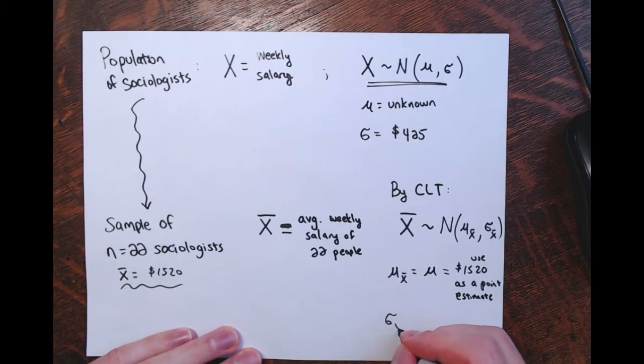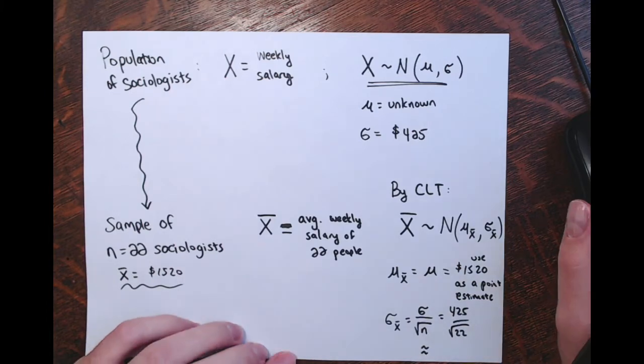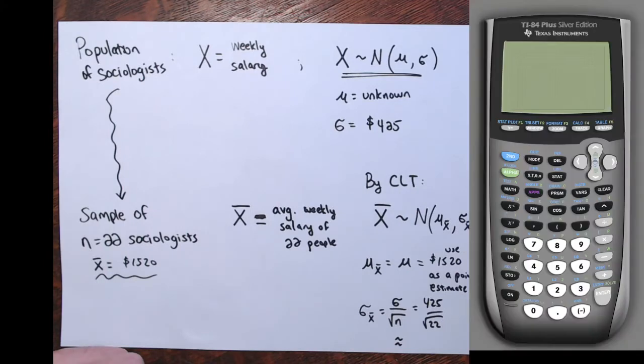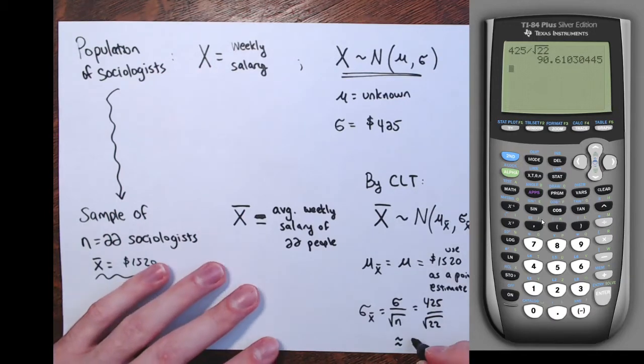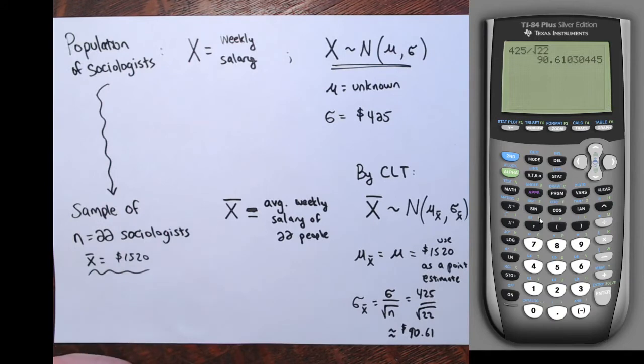And the standard deviation of these sample means, if you recall, is the standard deviation of the population divided by the square root of the sample size. Well, we know these values. This is 425 divided by the square root of 22, which is about $90.61 standard deviation for these sample means.